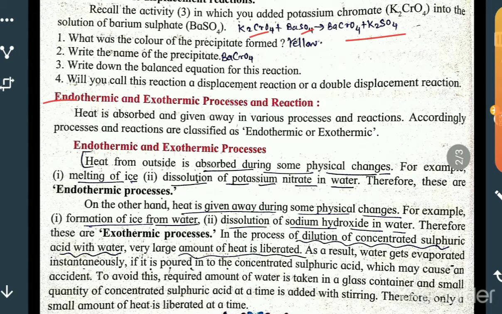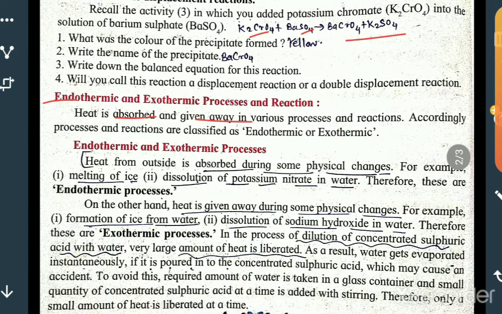Heat is absorbed and given away in various processes and reactions. Accordingly, processes and reactions are classified as endothermic or exothermic. Students, we know that in many processes and reactions, sometimes heat is absorbed and sometimes heat is given out.